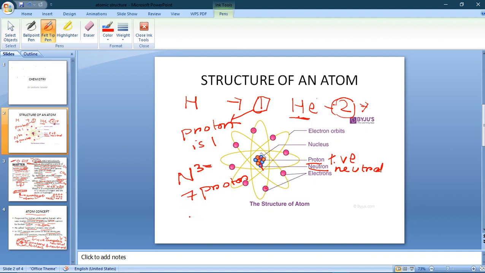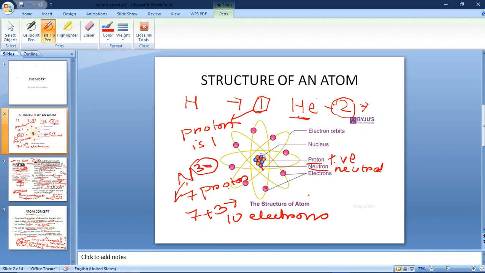If I want to know the total number of electrons, it will be 7 plus 3, and so we will get 10 electrons. To make the atom neutral, protons and an equal number of electrons are needed.